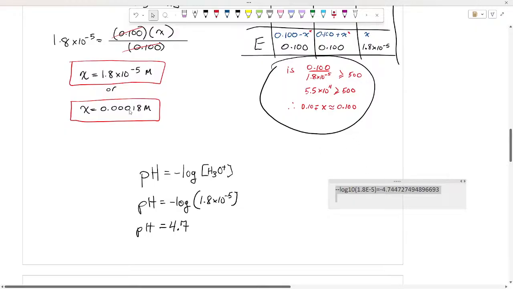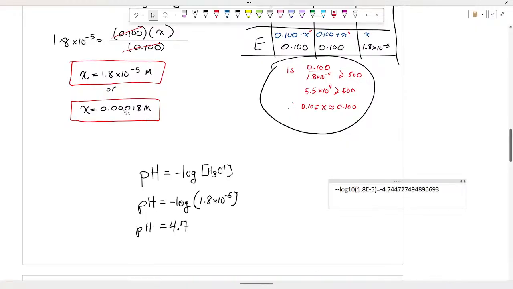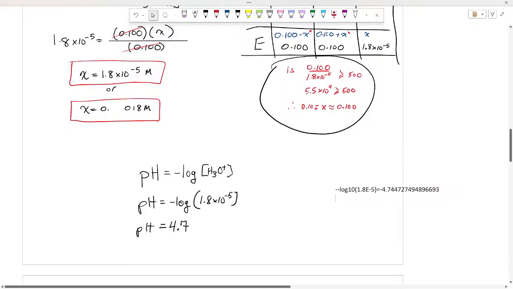Did I not put enough zeros here? We need one more zero there. Yeah, whoops. There should be 4 zeros there, right? Because it's 10 to the negative 5. Well, now those look too crunchy.